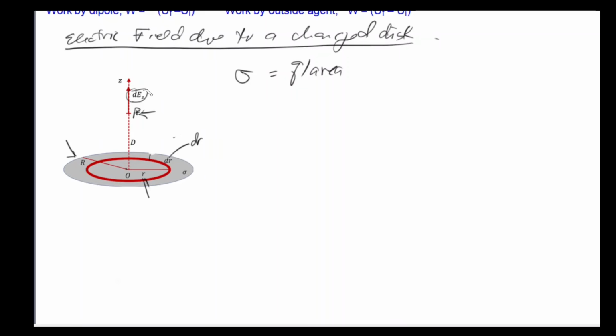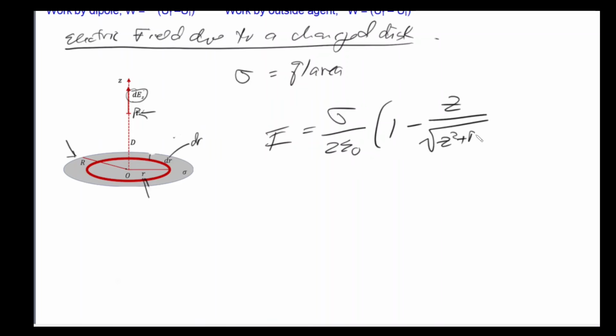So if we go through the same calculations that we did for a ring of charges, then we would find that the electric field for a charged disk is equal to sigma over 2 epsilon 0 times (1 minus z over the square root of z squared plus R squared). And this is the electric field for a charged disk.